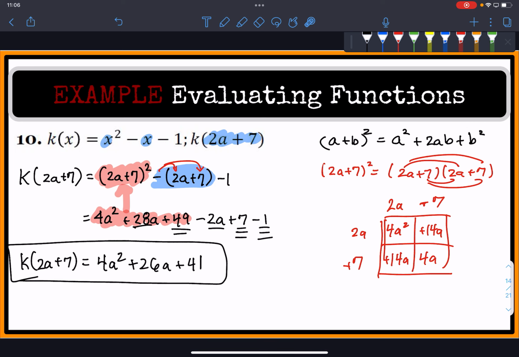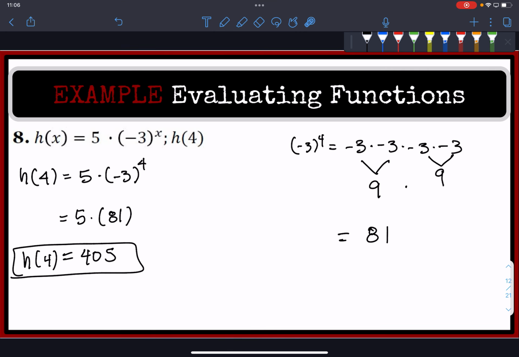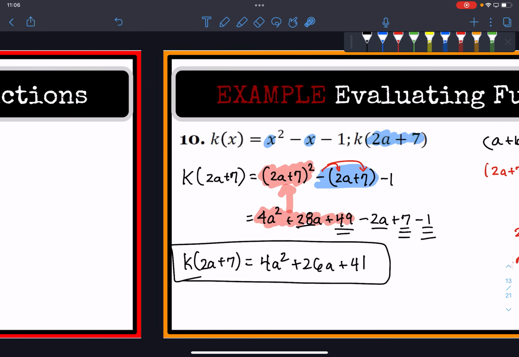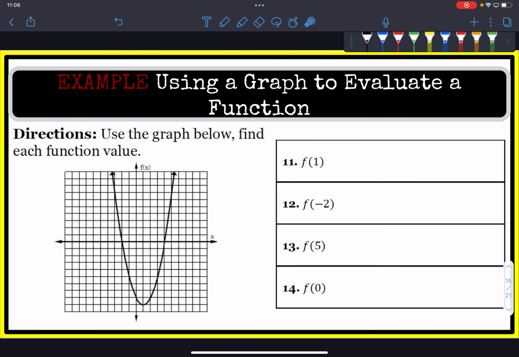Now, going back to evaluating functions at numerical values like numbers 7 and 8, we can also figure out the value of a function using graphs. Because remember, when we evaluate a function, f of x, that's simply equal to the value of y. We're basically just looking for the y values here.